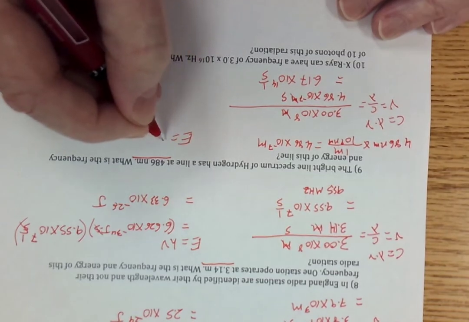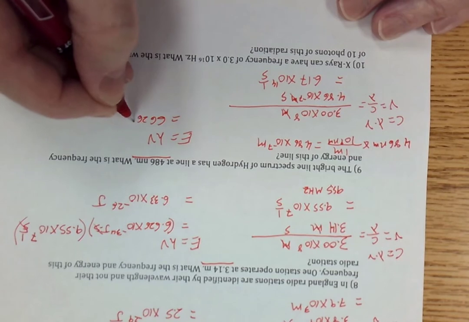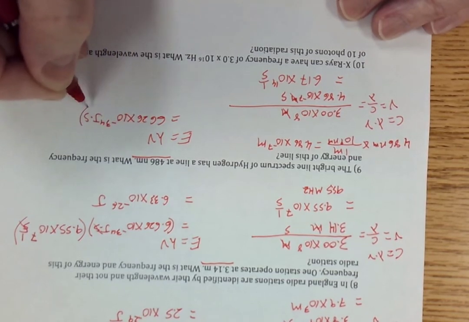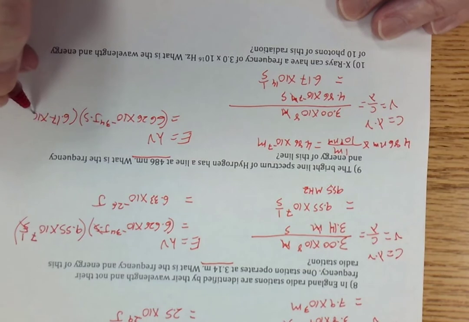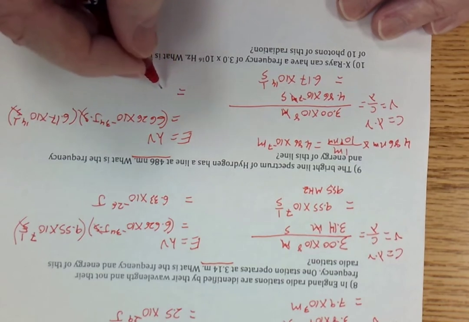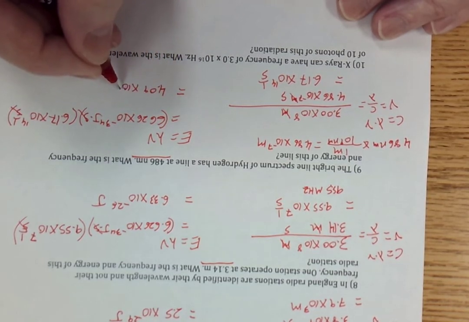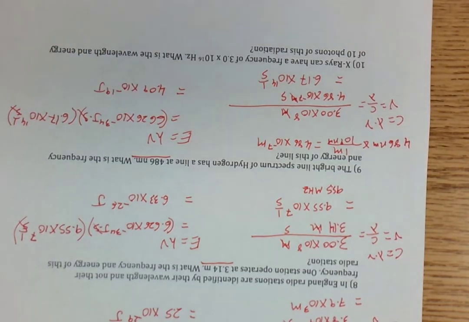The energy, E equals h nu, is 6.626 times 10 to the negative 34th joule seconds, multiplied by 6.17 times 10 to the 14th, 1 over seconds. Seconds cancel, and this is 4.09 times 10 to the minus 19th joules. Okay.